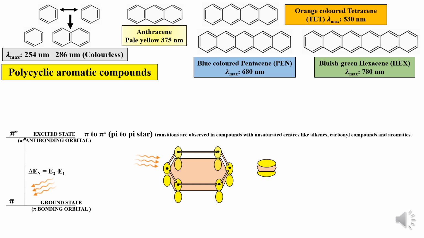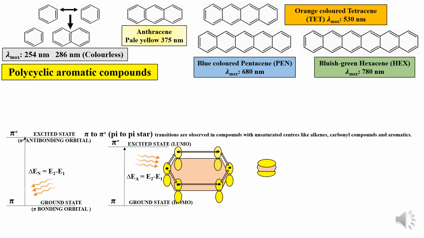Now the energy required to bring about transition from the ground state to the excited state in case of naphthalene is represented by delta En. Now when one more ring is added to the naphthalene ring, it results in formation of anthracene. So in case of anthracene, you find three benzene rings fused together at ortho positions. And you can see the energy gap is lowered.